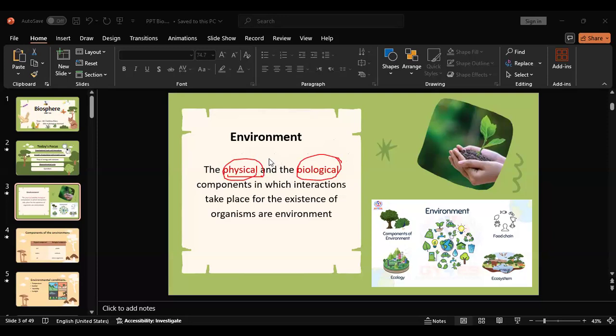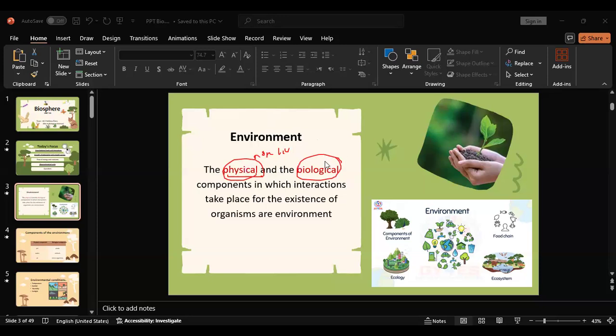The physical component means non-living things. Non-living things means what? The soil. Just imagine in a certain environment, you may see soil, water, air, something like that. All are coming under these physical components.